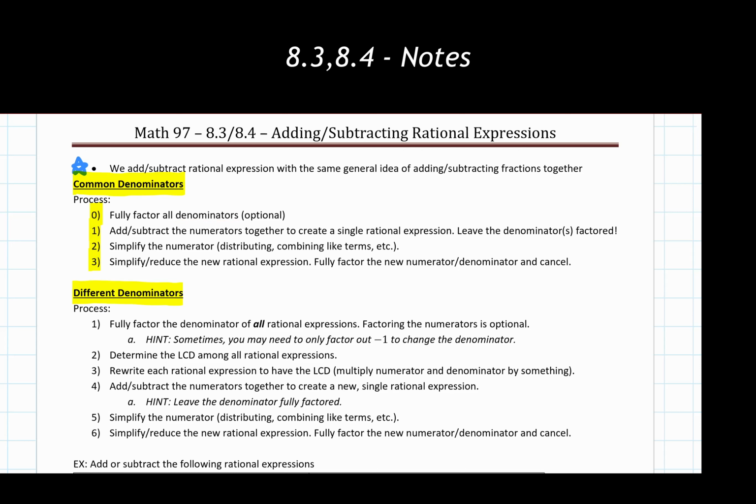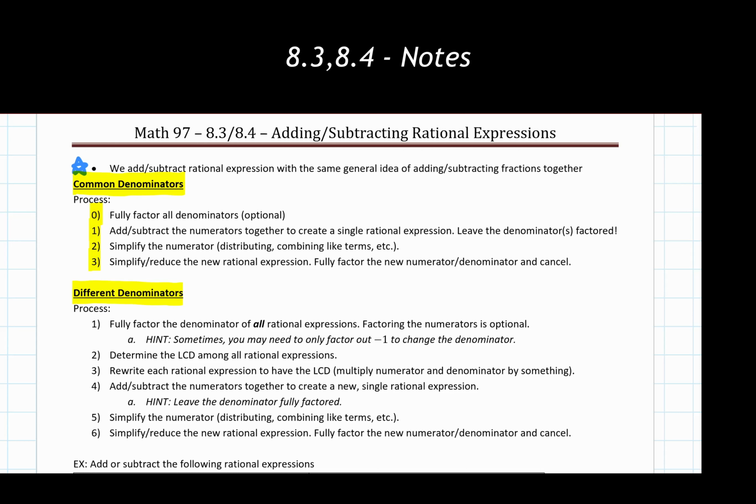So now that we have everything with the same denominator, since that's what we've been given, we are going to add or subtract the numerators together to create a single rational expression. We could have 2 expressions, 3 expressions, 4 expressions all adding together. Everything is all spaced out, so let's smush it all together and make one single rational expression that we're going to work with.